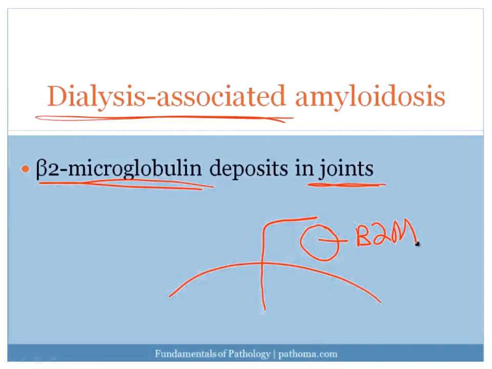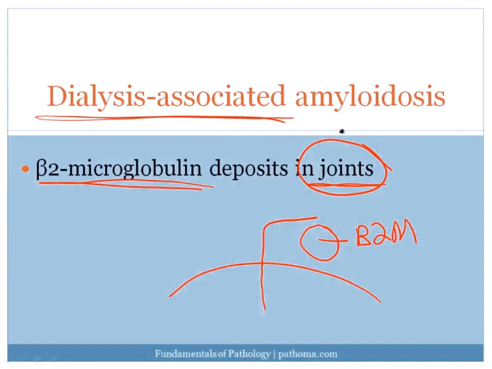Now, patients who get kidney failure and have to go on dialysis, when they go on dialysis, the beta-2 microglobulin is not filtered well from the blood. And so because it's not filtered well, it builds up in the blood. And as it builds up in the blood, it can deposit in joints. And these are the classic high yields of this particular entity. Again, it's dialysis associated.